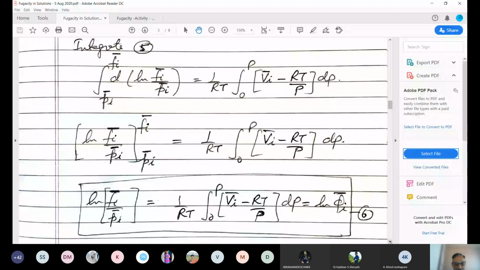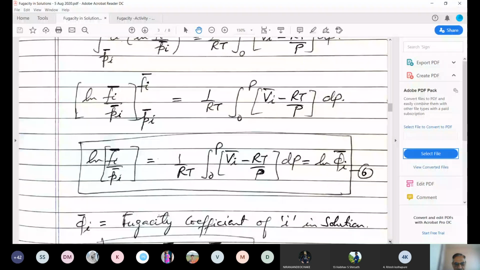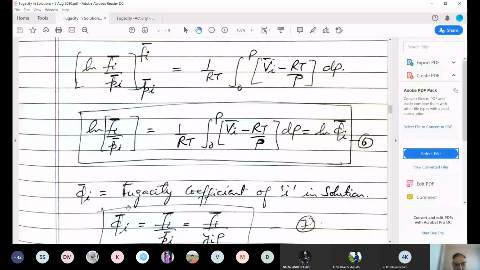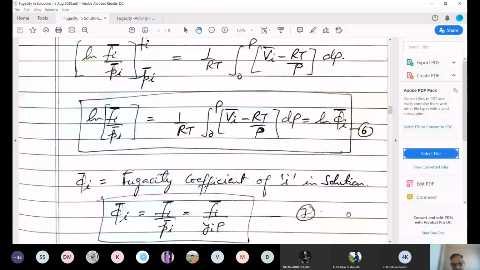Okay, so phi I bar is the fugacity coefficient of I in solution, which is defined as phi I bar equal to Fi bar by Pi bar, and Pi bar is Yi into P, mole fraction into total pressure.